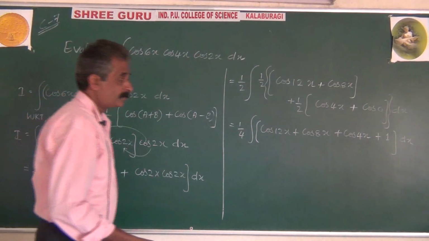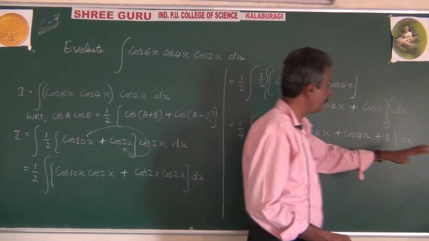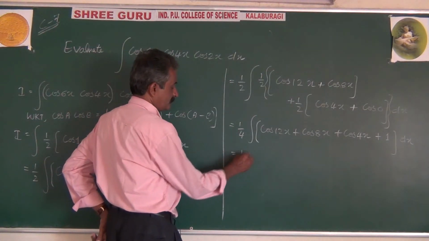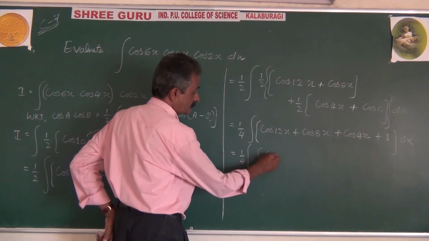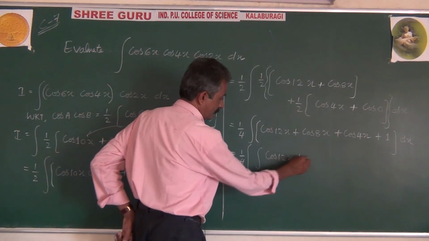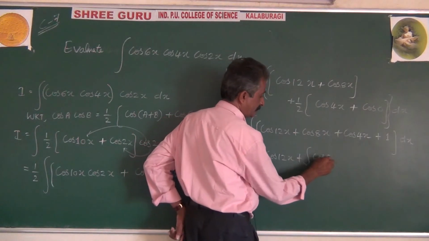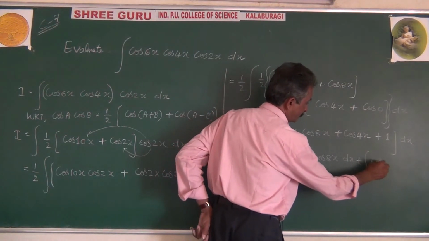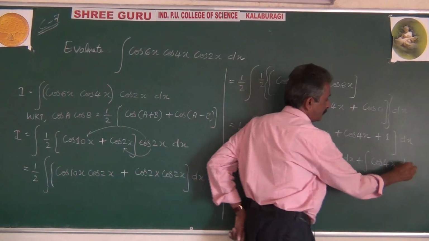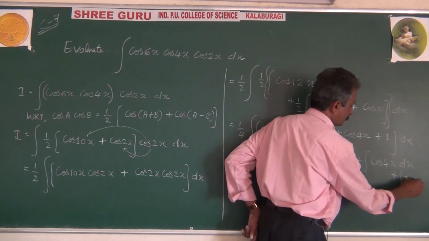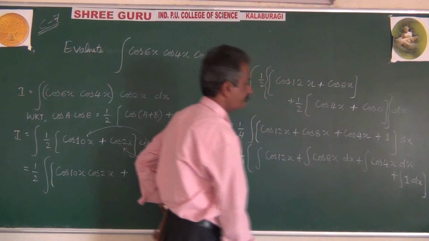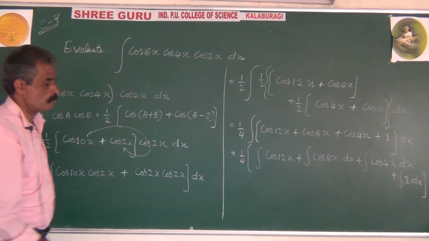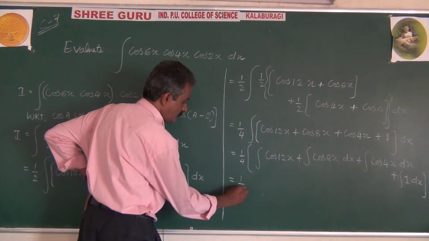Now we can write it as how many integrations? 4 integrations, because there is a sum of 4 terms. 1 by 4 into: first one, integration of cos 12x; second, integration of cos 8x; third, integration of cos 4x; plus integration of 1 dx.